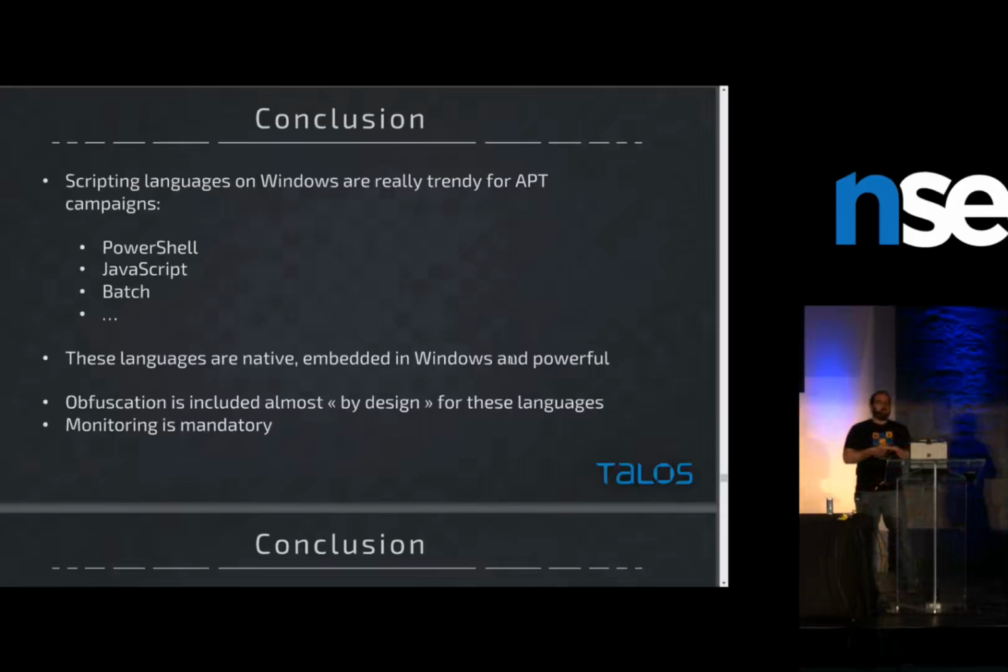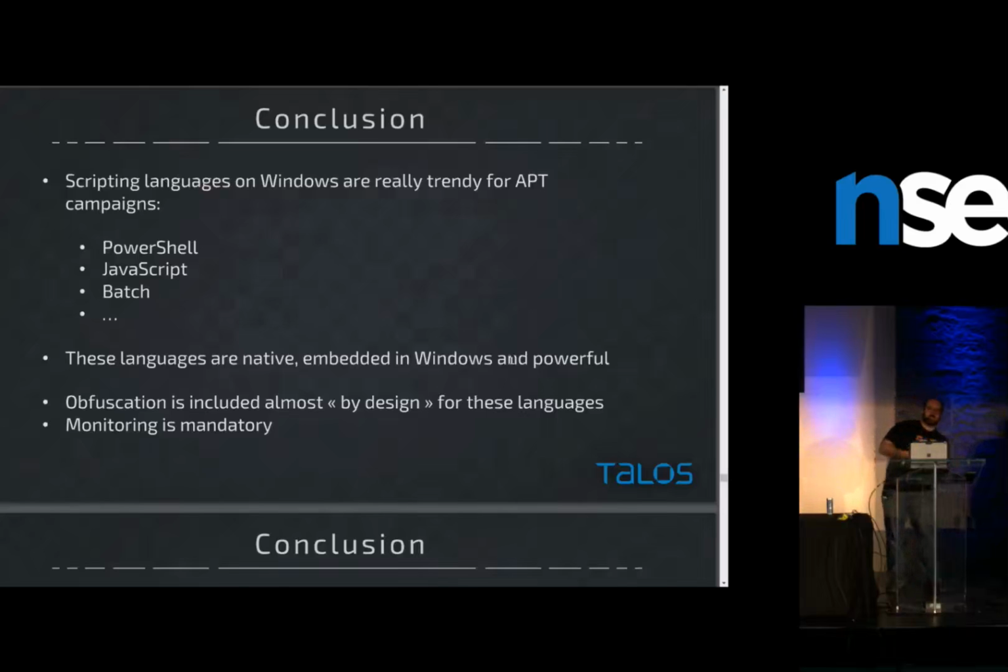Scripting languages are really trendy. In each case, the guy uses PowerShell or JavaScript or sometimes batch files. So we must really take time to have control and an audit of this script execution. It's really important. And all these languages are embedded in Windows. You don't have to install anything. It's here, so why not use it?